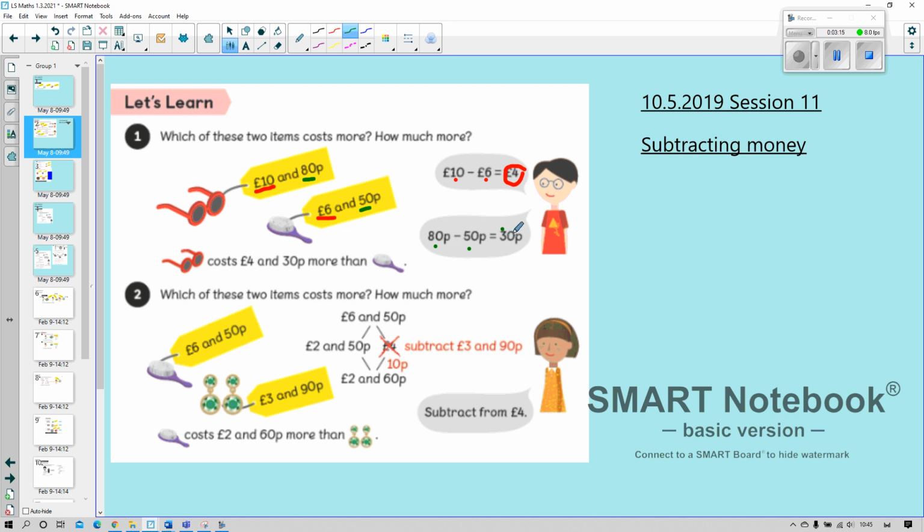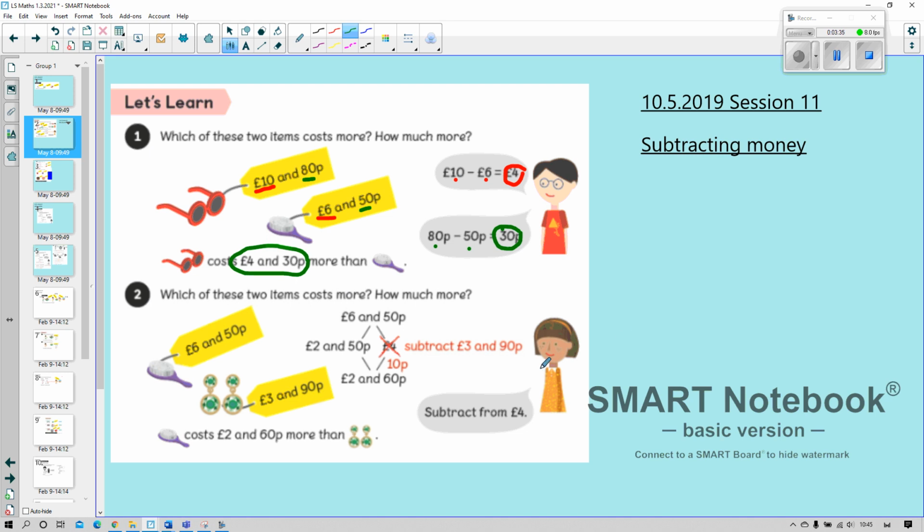You need to put your 0 placeholder back on. All right then, so we've worked out the pounds leaves us with 4, the pence leaves us with 30. So the sunglasses cost £4.30 more than the hairbrush.